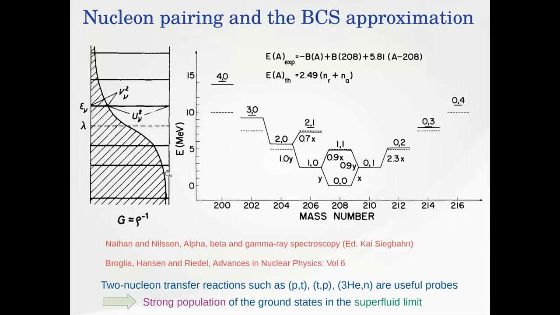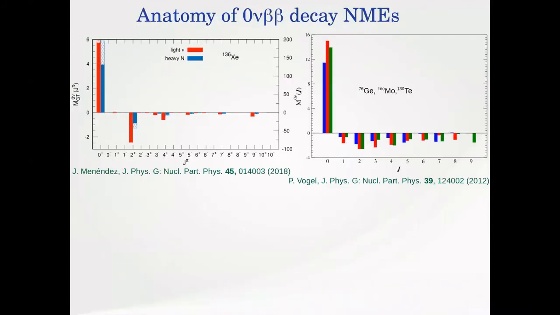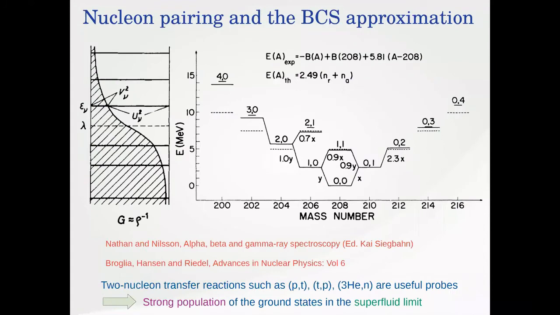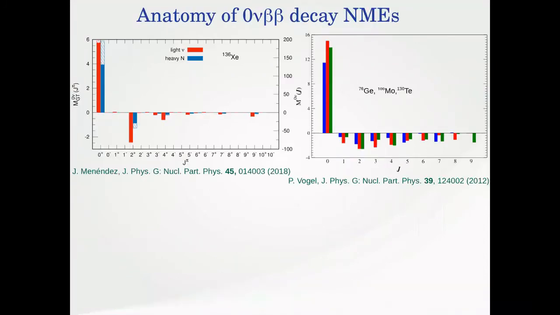And if the nucleus is a purely superfluid Cooper pair-like nucleus, then there'll be a strong population of the ground states and very weak population in the excited states. It's all going to stay in the ground state, the cross section, okay? If it is purely superfluid, then you will see 0 plus to 0 plus couplings in the double beta decay.